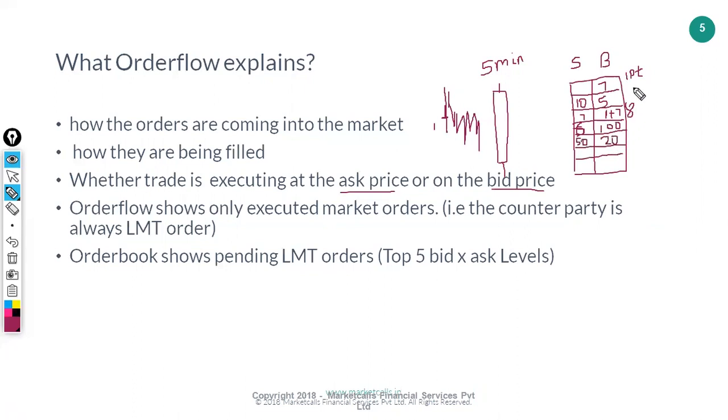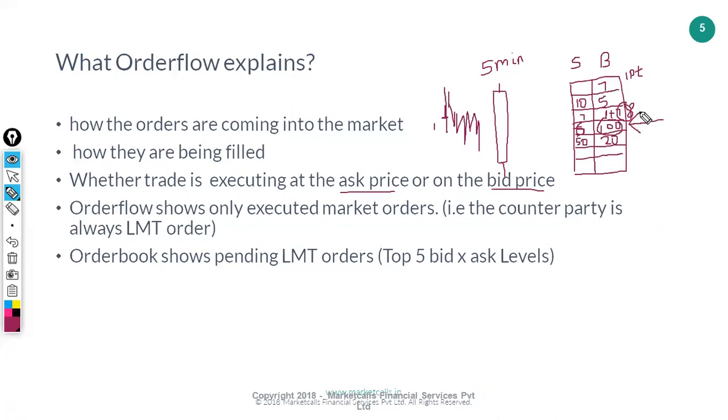Likewise, you'll be able to see the total number of buyers at each and every price level. So at this level, you can see a total of 8 contracts got traded, and 100 contracts got traded over here by the buyers. Those orders are mostly from the market order buyers.